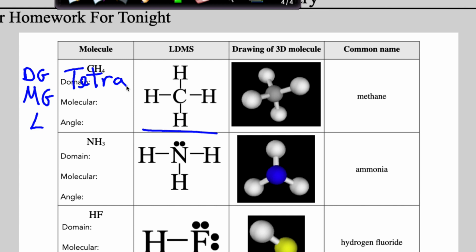Because something magic happens when all your domains are bonding domains. To represent it, we're just going to draw an arrow down. When all of your domains are bonding domains, the domain and molecular geometries are the same. Then, guys, what's the angle? Well, the angle is 109.5.